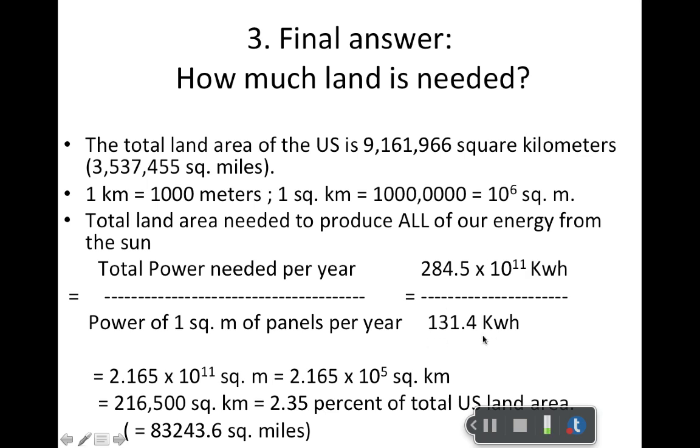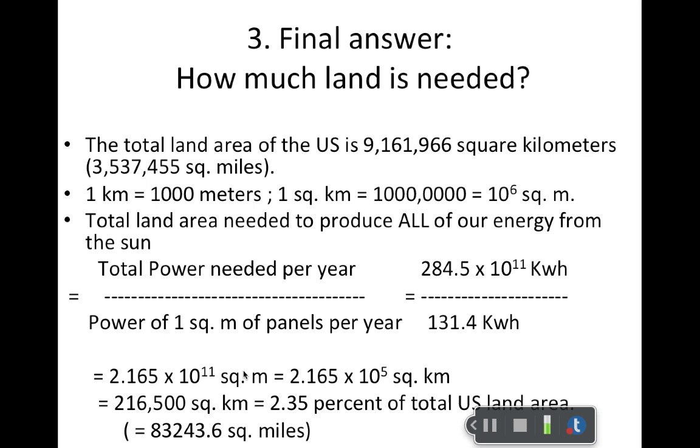This amount is from the MIT paper, and if you divide this amount by this amount, you get the amount of land, or square meters, that you need to cover with solar panels in order to supply all of our power needs.